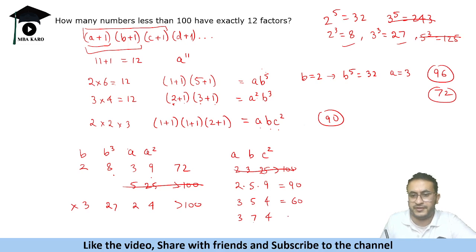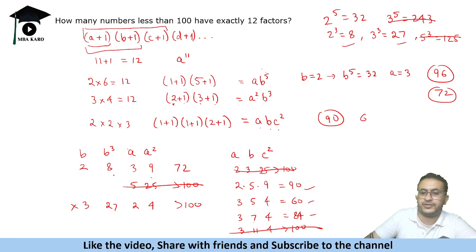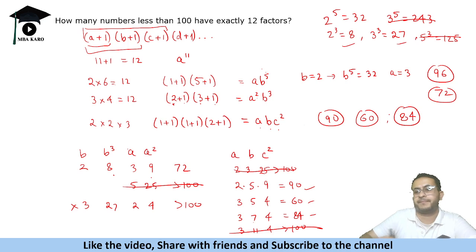So 21 into 4, 84. If I take 3 and 11 as the next prime, this is greater than 100. Or if I take 5 and 7, that is also greater than 100. Okay, so that means these are the only three numbers of this format.